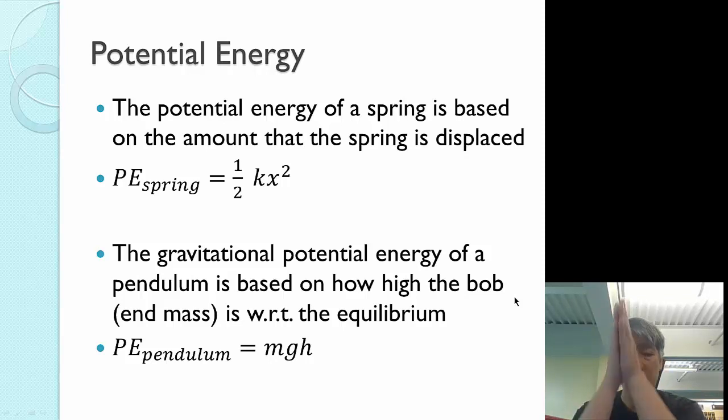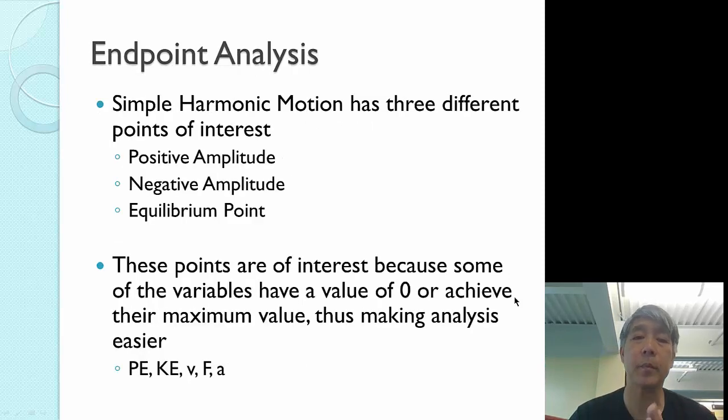Remember, for a pendulum, equilibrium is straight up and down. For a spring, if it's horizontal, it's the midpoint. And again, it's the midpoint vertically, but it's also the equilibrium point where my weight, the gravitational force, and the spring force balance out.